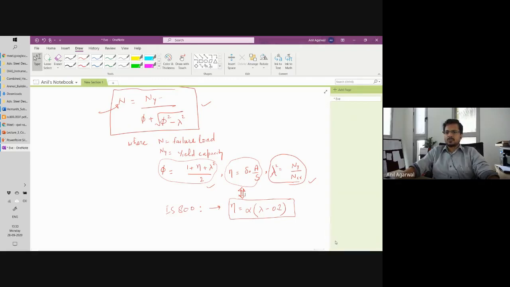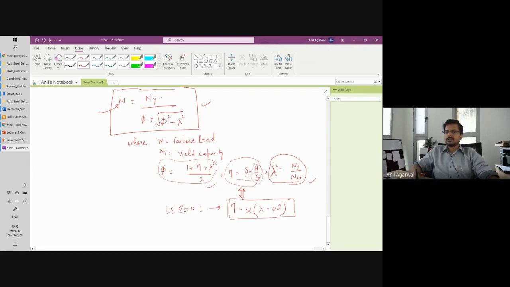The whole equation is derived very nicely, but ultimately it came down to this approximation. Eta here was taken as some constant, which was a cross-section property, an A by S property. Also, it was a length property, because your delta 0 will depend primarily on the length. What is the maximum imperfection?